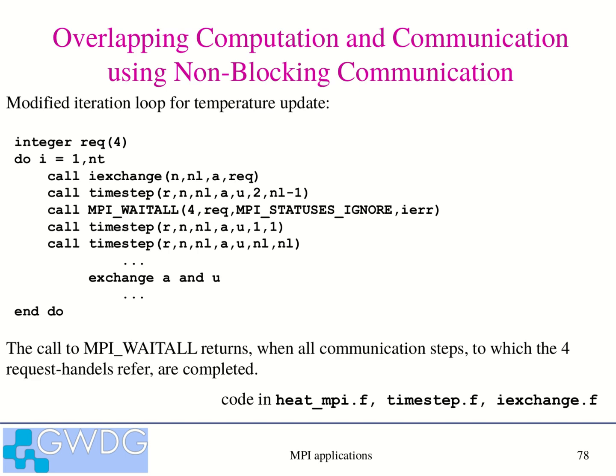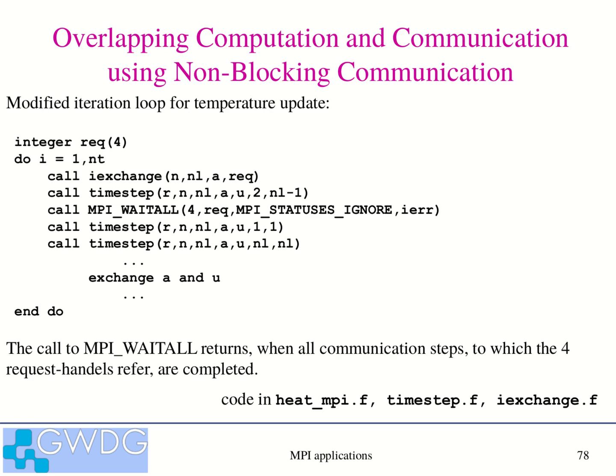And in this way, you can overlap the update of the inner columns in your domain and the communication of the boundary columns from the neighboring domains. Depending on your computer system, that will be beneficial if the communication system has its own hardware to do it and doesn't involve the CPU itself.